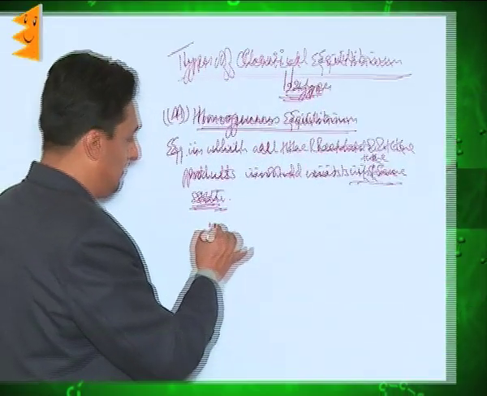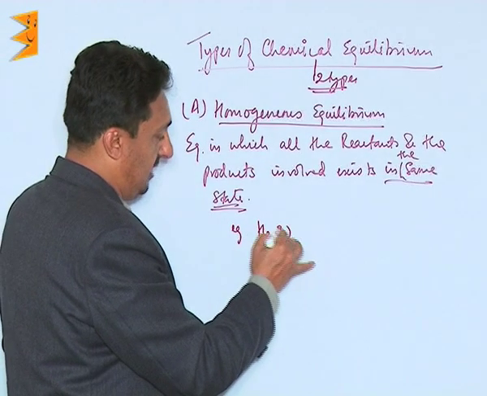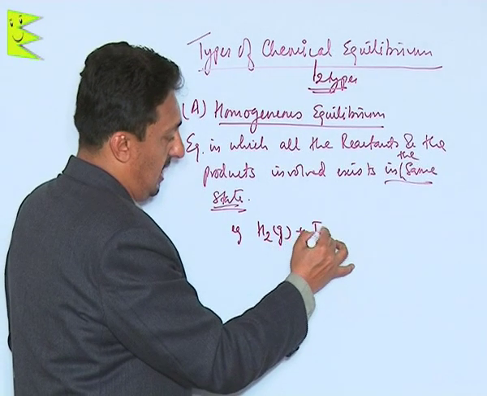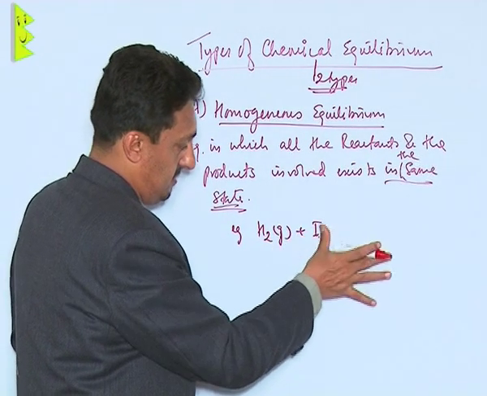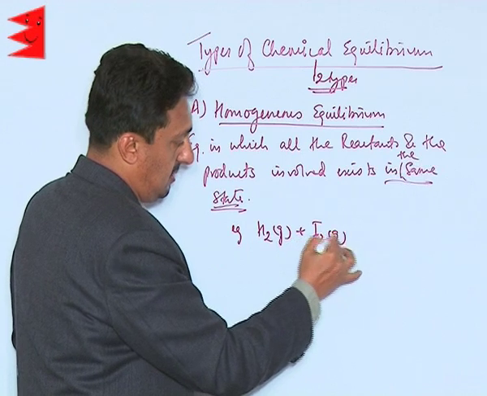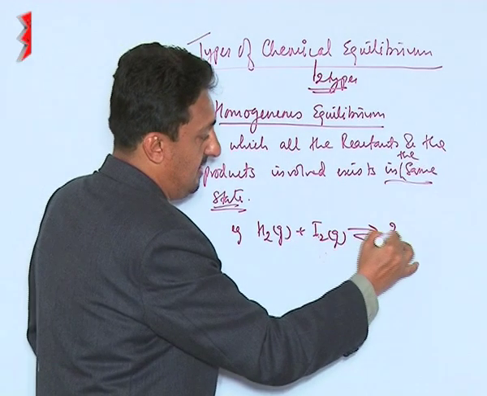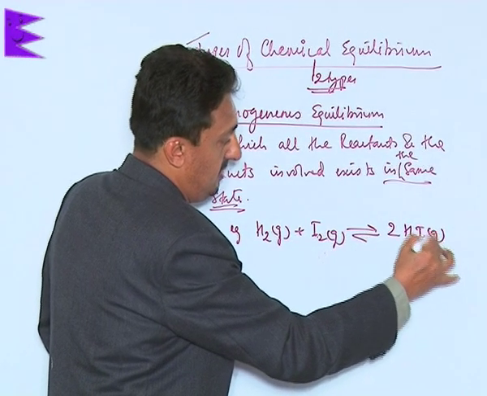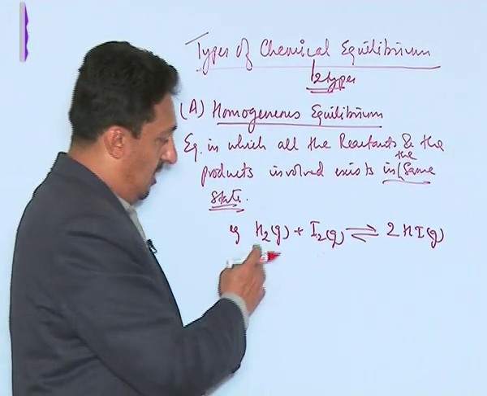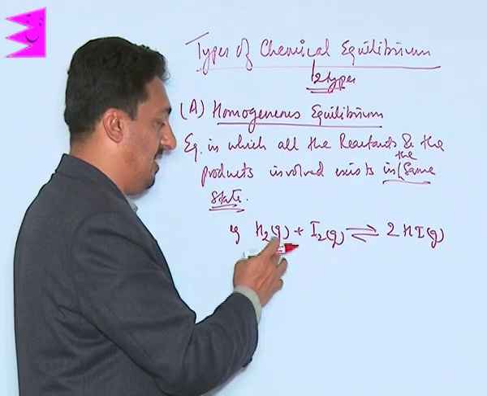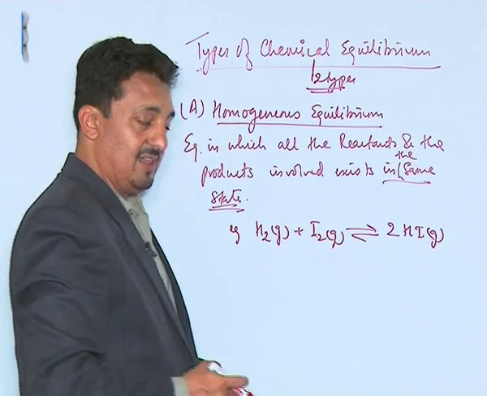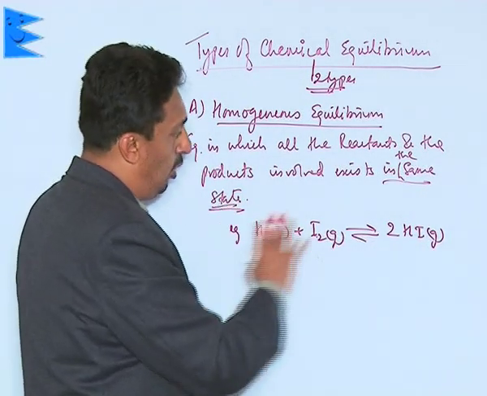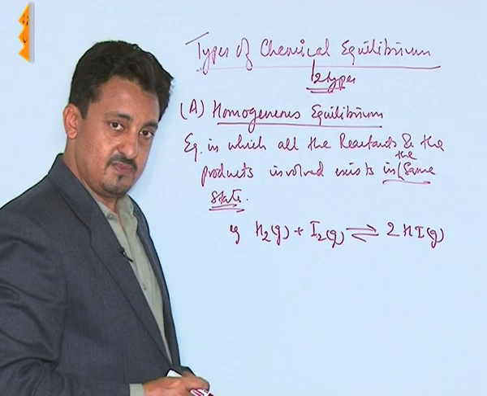Like let us take an example of the reaction of hydrogen gas with iodine gas resulting in the formation of hydrogen iodide. All these substances involved, like hydrogen, iodine and HI, are gaseous in nature, so it's called homogeneous equilibrium.